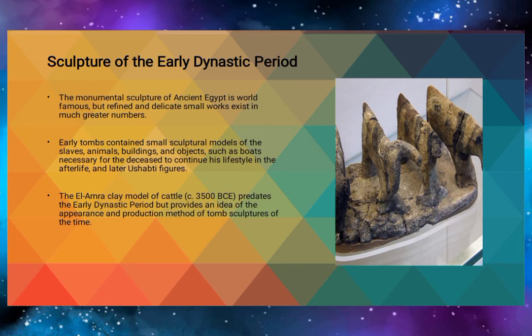Cattle more commonly represented a source of blood rather than meat or dairy products, but likely symbolize a source of food in the afterlife. So in this image, that is the El Amrah clay model of cattle. The model was found in a tomb and was likely intended as a symbolic source of sustenance in the afterlife.